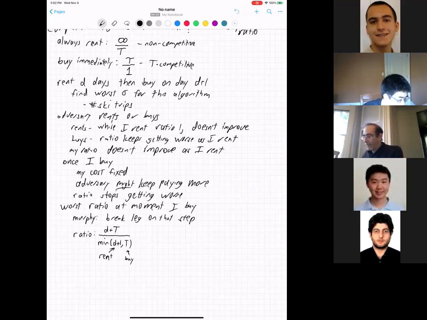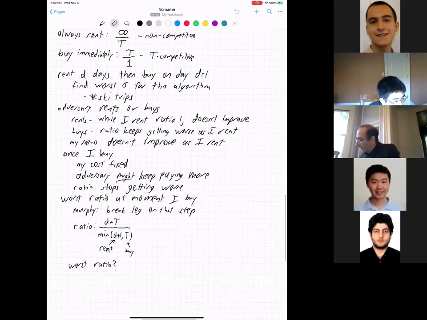Yes? Right. So it should be pretty obvious. I mean, now what's the worst ratio? Well, it basically happens when we balance, right? If D plus 1 is less than T, then the adversary will pay D plus 1, and I'll have D plus T. Let me write that out.